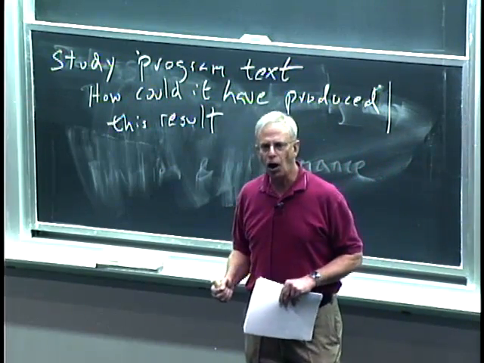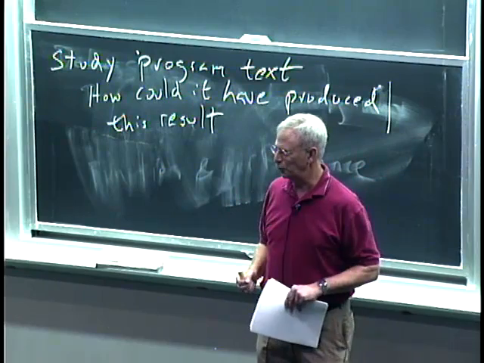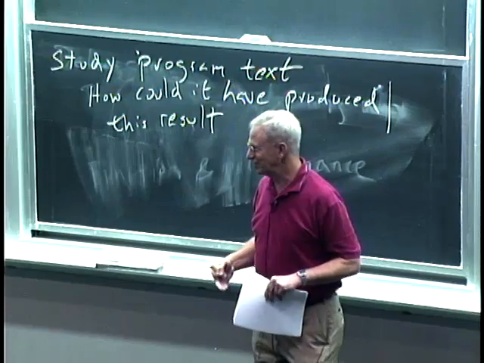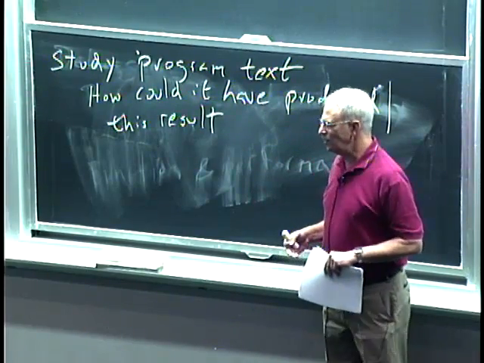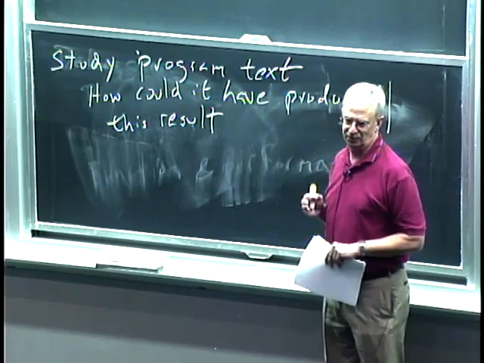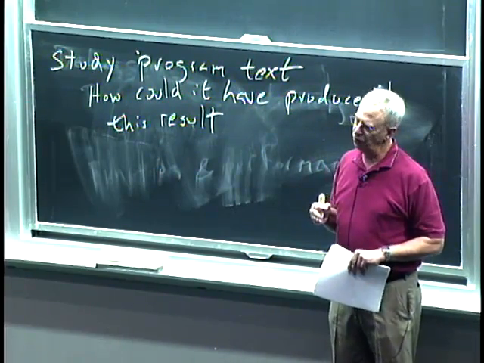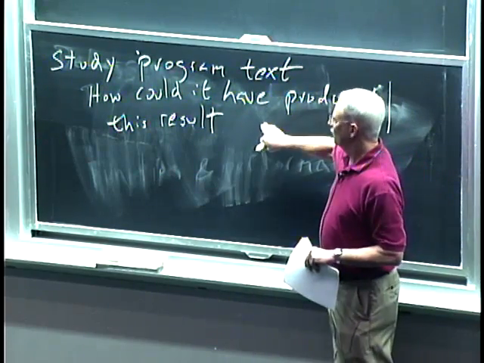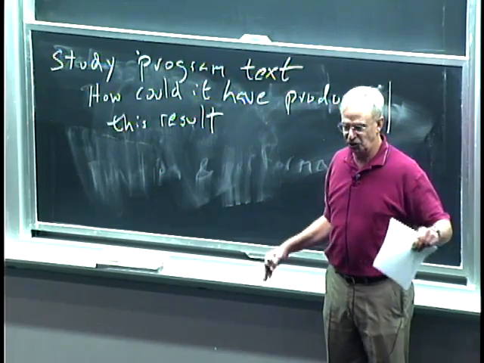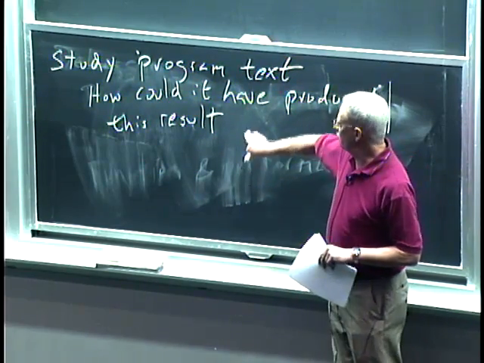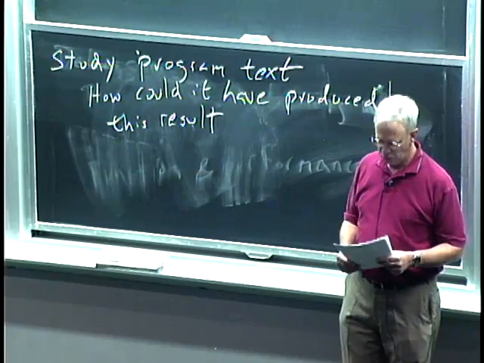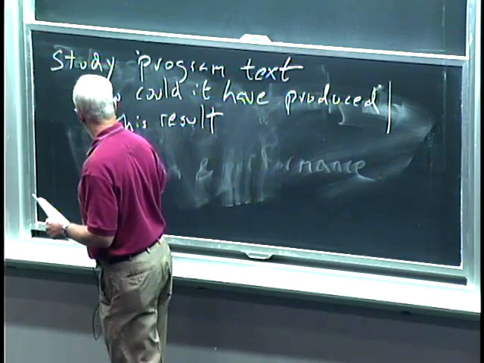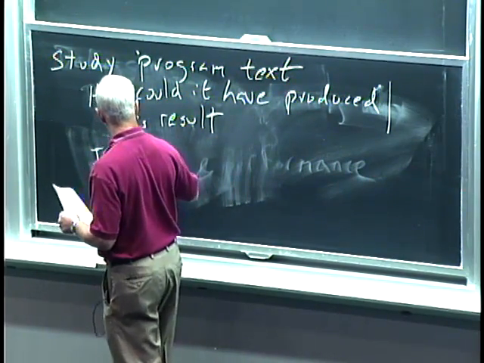I didn't ask why didn't it produce the result I wanted it to produce, which is sort of the question we'd immediately like to ask. Instead, I've asked, why did it produce the result it did? So I'm not asking myself, what's wrong, or how could I make it right? I'm asking, how could it have done this? I didn't expect it to do this. If you understand why it did what it did, you're halfway there. The next big question you ask, is it part of a family?